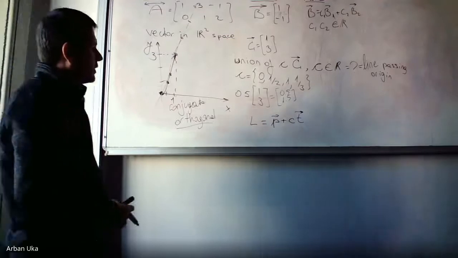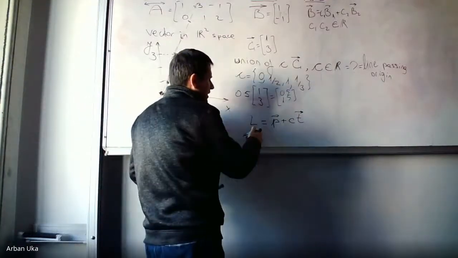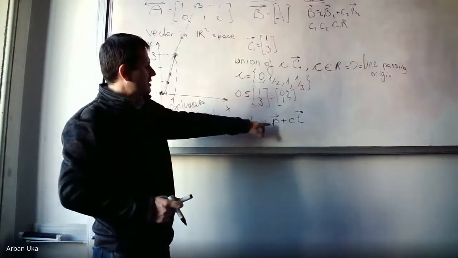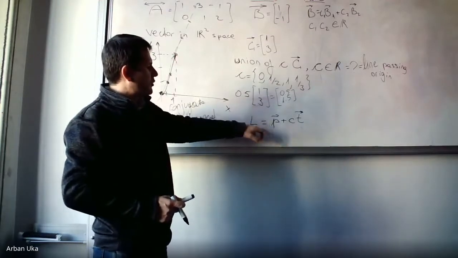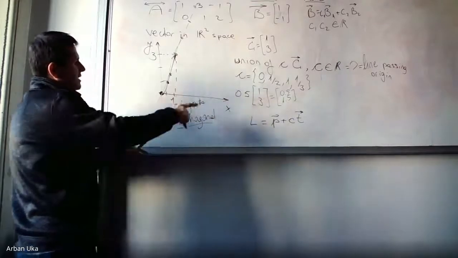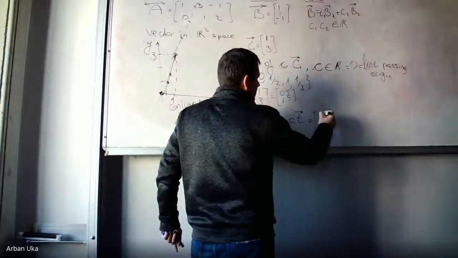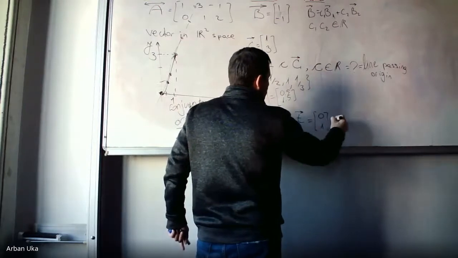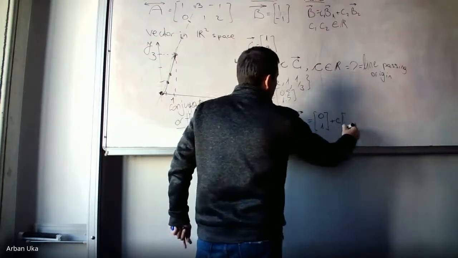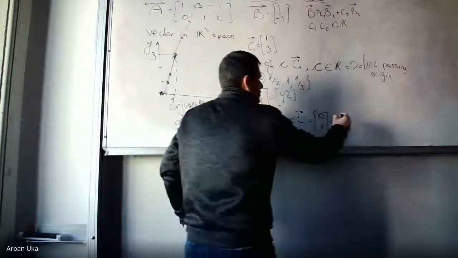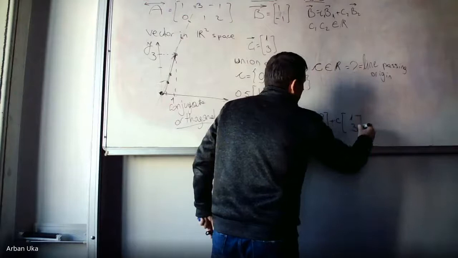This would be a line which passes through a point P, which in this case is (0, 1), plus any constant C times the other vector, which was (1, 3).